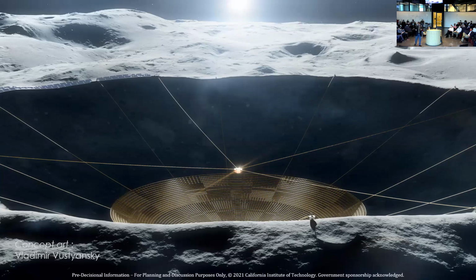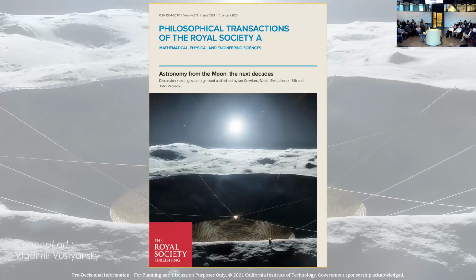You would see a lot of engineering tricks played across this mission, basically because it's being designed by engineers to solve these problems that we talked about. Actually, this was the cover art of an issue by the Philosophical Transactions of the Royal Society, talking about astronomy from the moon in the next decade.